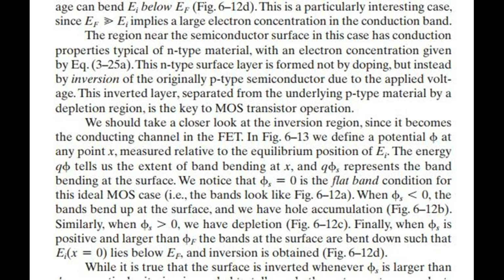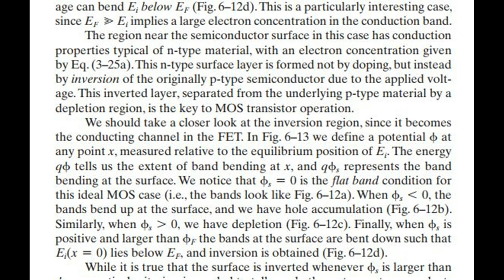In Fig 6.13 we define a potential φ at any point x, measured relative to the equilibrium position of E_i. The energy qφ tells us the extent of band bending at x, and qφ_s represents the band bending at the surface. We notice that φ_s equals 0 is the flat band condition for this ideal MOS case, i.e., the bands look like Fig 6.12a.